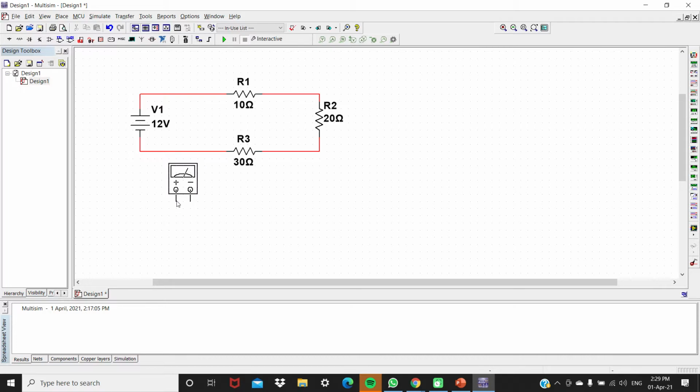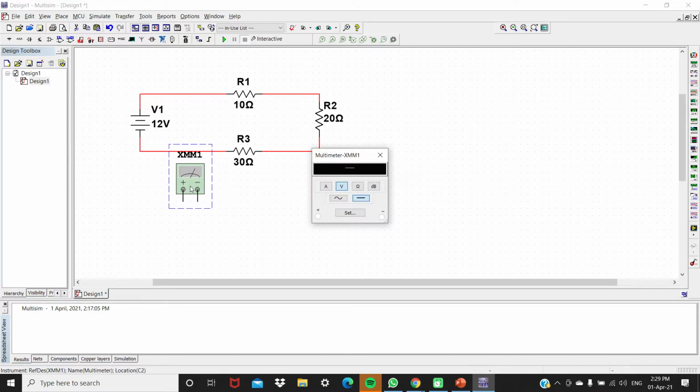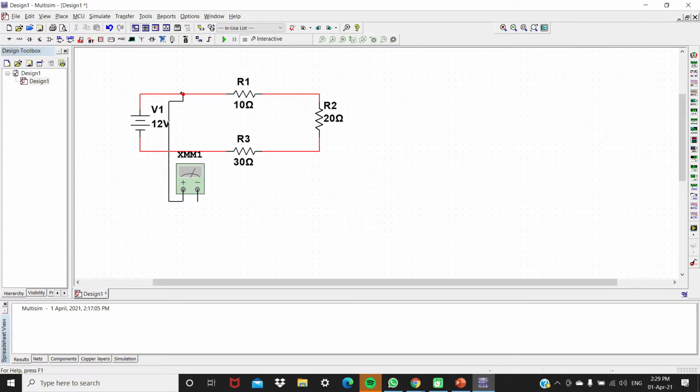Now the multimeter is called a multimeter because you can measure several parameters of the electrical circuit, provided you connect it correctly. So to measure the ohm, click the ohm button. Now take one end of the multimeter to the left side of R1, and the other end to the left side of R3.